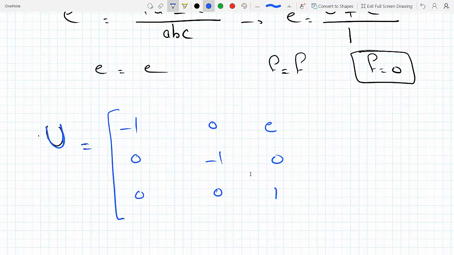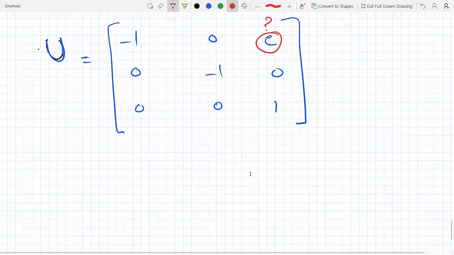Okay, good. So this is my U. So far unfinished business, because I still don't have my E, so this guy is still an unknown here. Okay, so let's go ahead and find that.